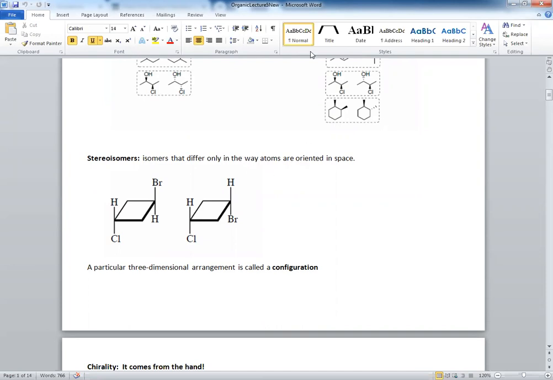Very well. So if you remember, we dealt with cis and trans. This is an exact example of stereoisomers. So what do you have here? You have cis and trans.